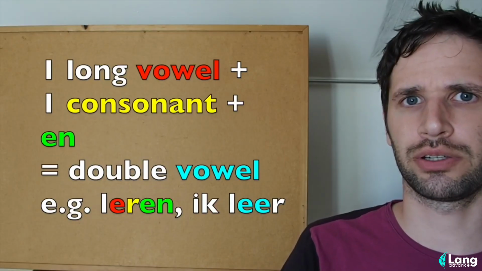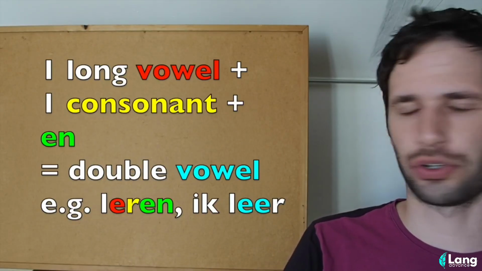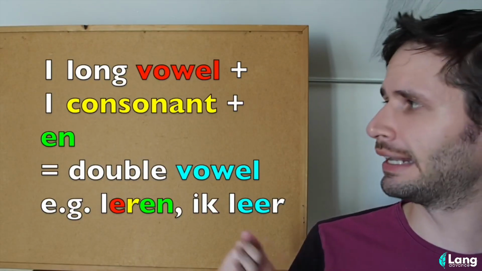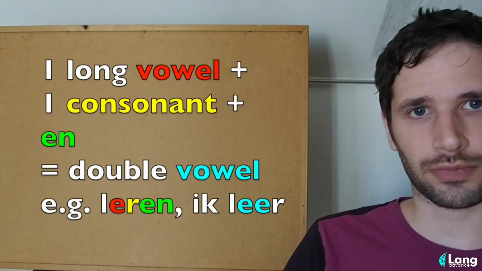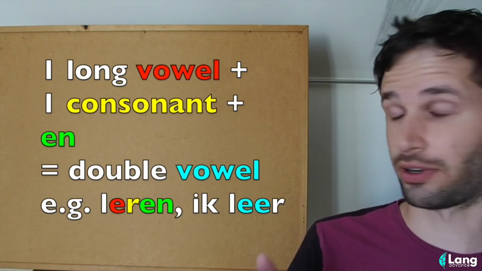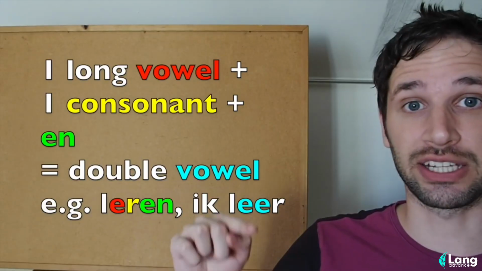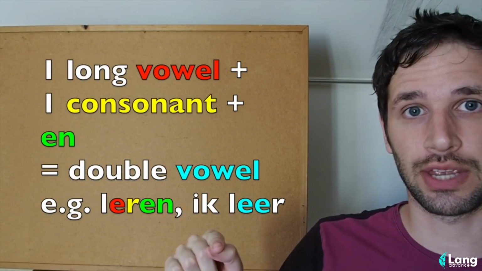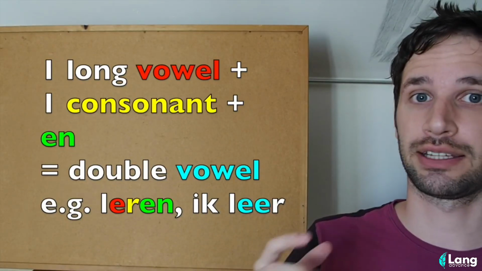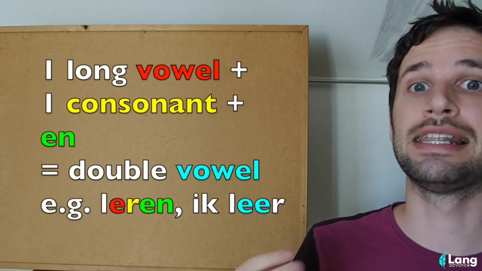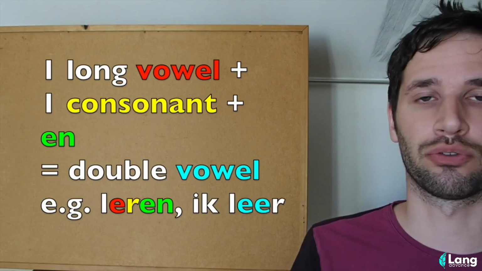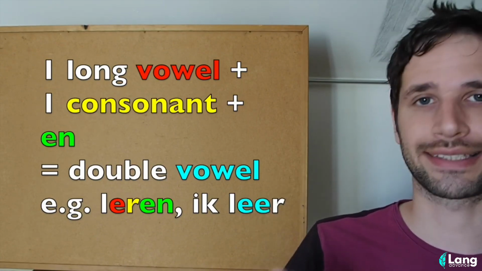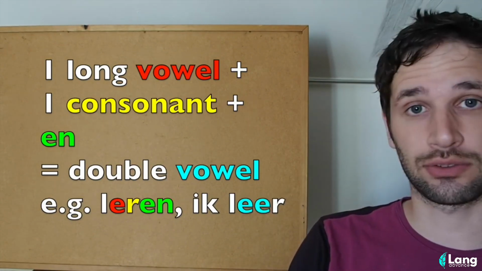So to make it very concrete for you, let's take leren, to learn. Just before the en, there's a single consonant, that's R, and just before the single consonant, there's a single vowel, and that is pronounced long. It's leren, not leren. No, it's leren. And that will double.